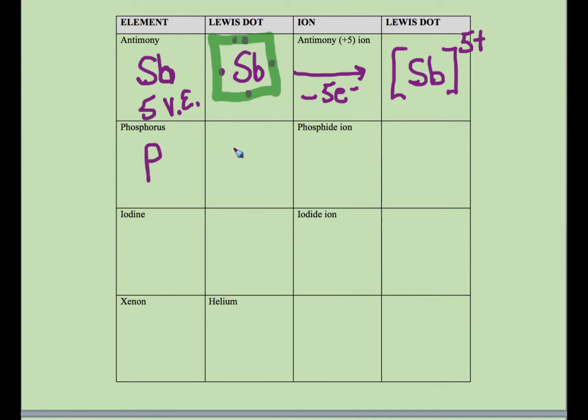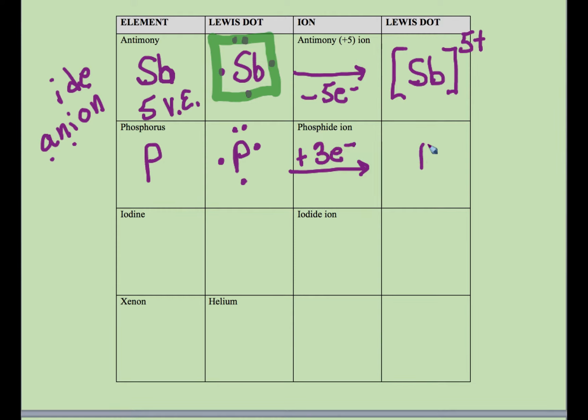Phosphorus is a nonmetal. It has 5 valence electrons. To become the phosphide ion, "ide" means anion. So "ide" for ions means it's going to become a negative ion. It can gain 3 electrons. So if maybe I can change colors and make that a little clearer.